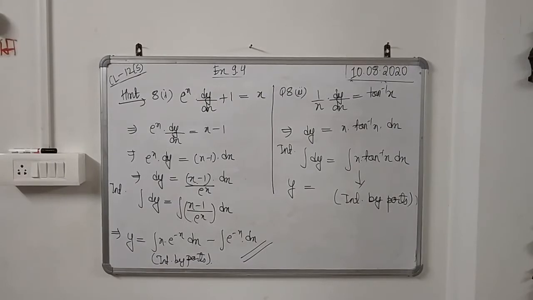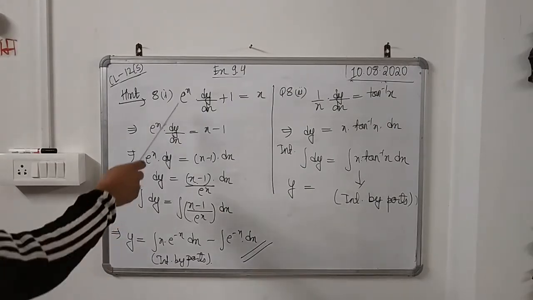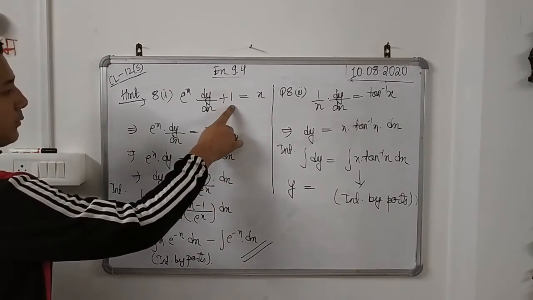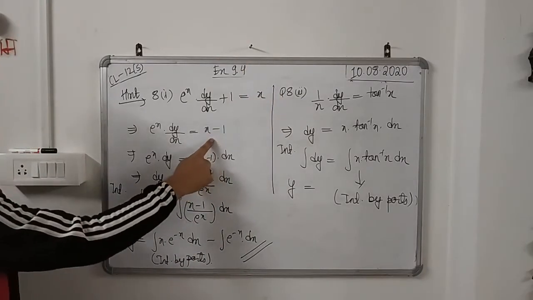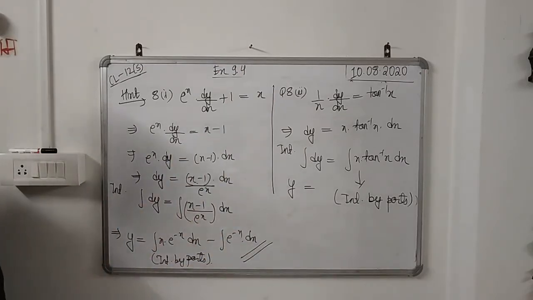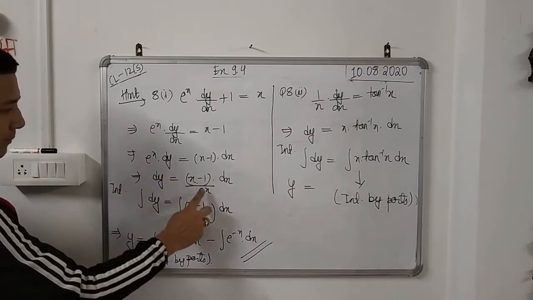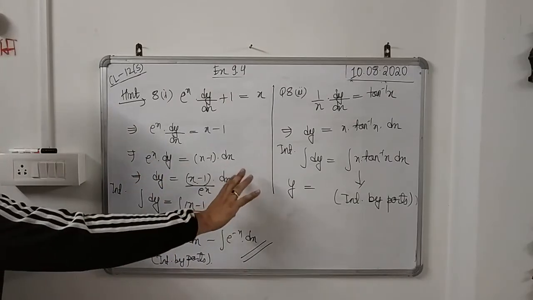Alright, so question number 8 part 1 and 8 part 2. Half I have done and half you'll complete yourself. Okay? So I'm just giving the hint. 8 part 1. This is the question. So what we'll do first is take your plus 1 to the right hand side, it becomes minus 1, and then the same thing, separation of variables, right? So x minus 1 divided by e to the power x, it is separated now.